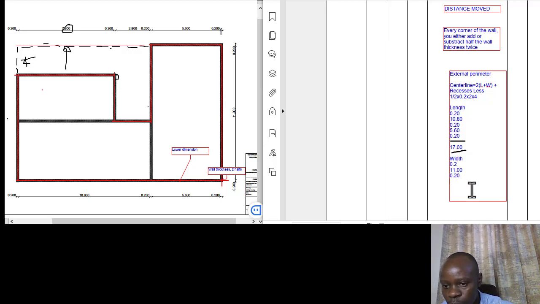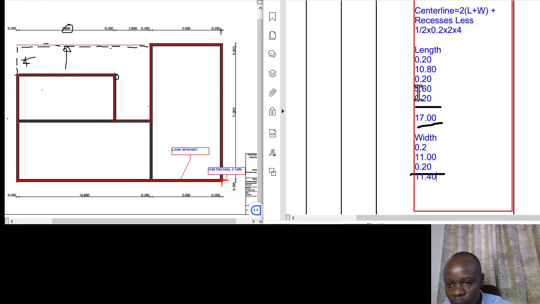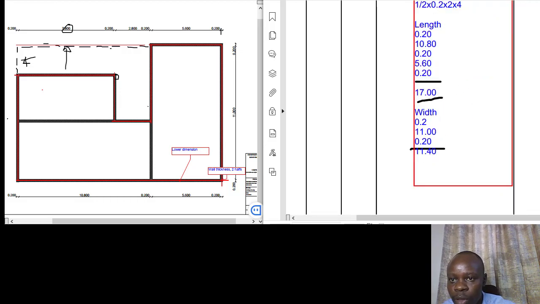When you do that, we are supposed to get a total of 11.40. So that is what we have in terms of the length and the width.